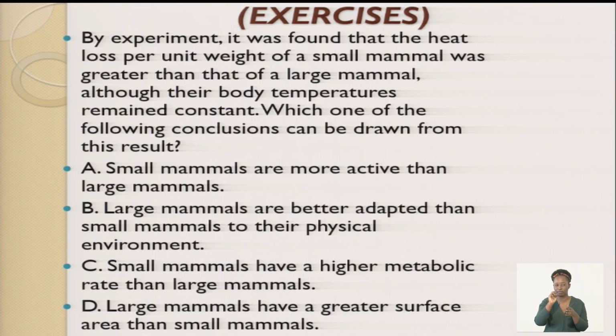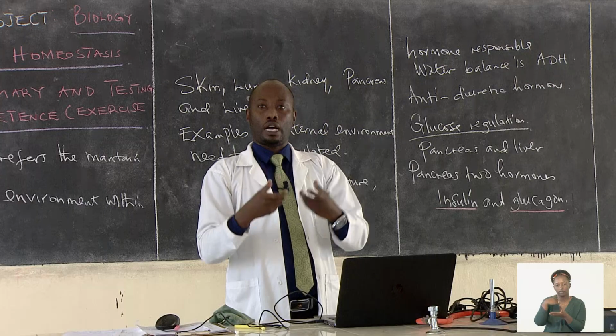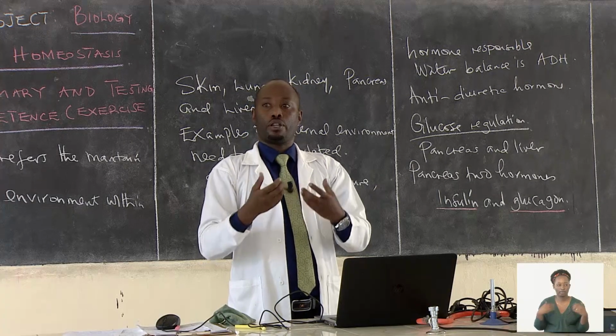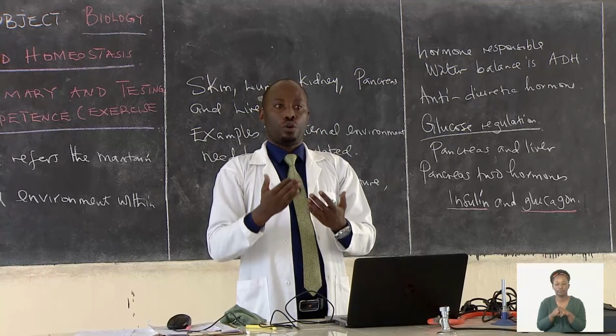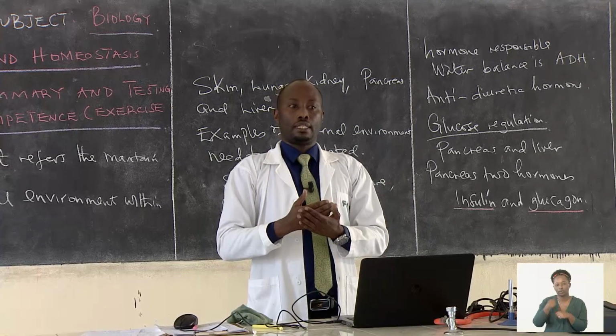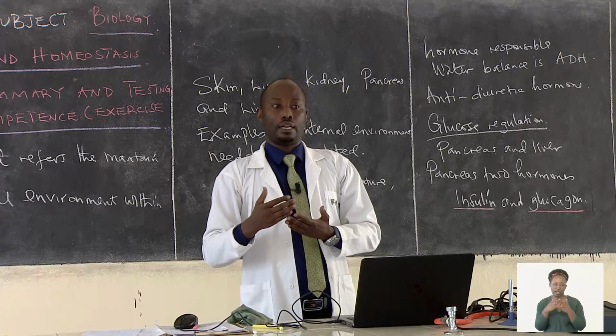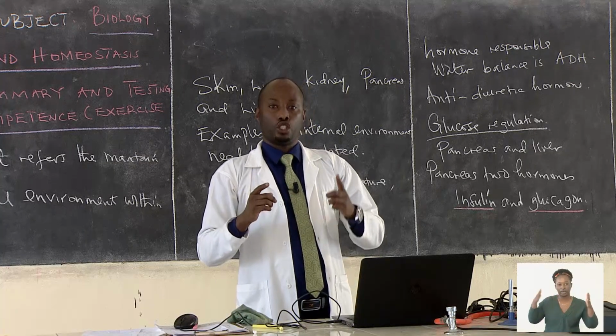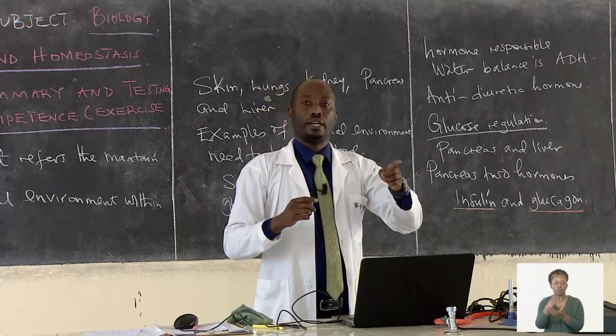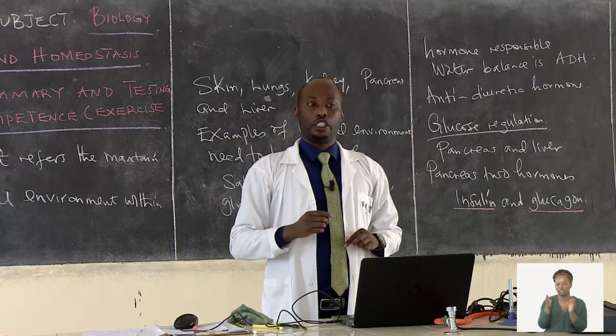Yes, some small mammals can be very active in terms of reproduction. They can also be very active in terms of food consumption, because as small animals, their activity is equivalent to the food they are taking. So you have to understand that some small animals are more active than large animals, but I don't think that it is true, because you can't say that a rat is more active than a cheetah.